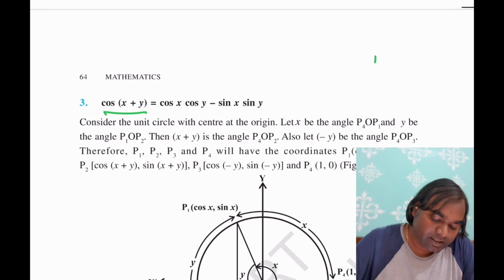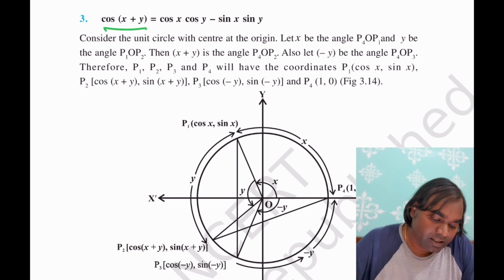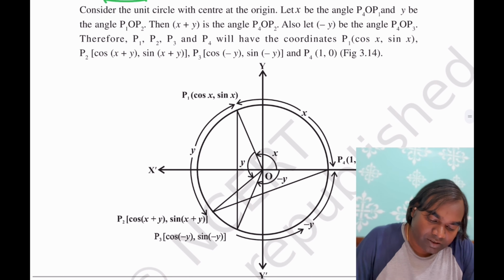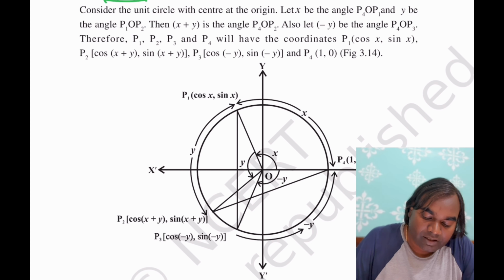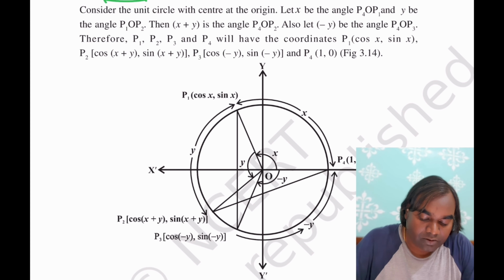For this derivation, let us consider a unit circle with the center at the origin. So this is the xy coordinate system and we are considering the unit circle having the center at origin O. So this is the origin. Now let x be the angle P4OP1 and y be the angle P1OP2.